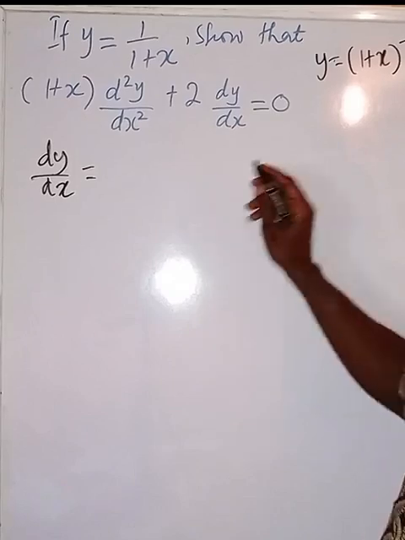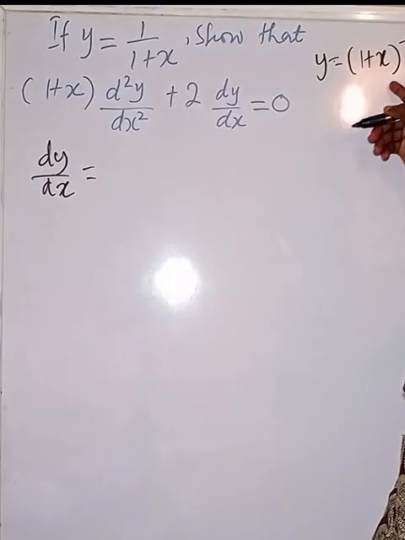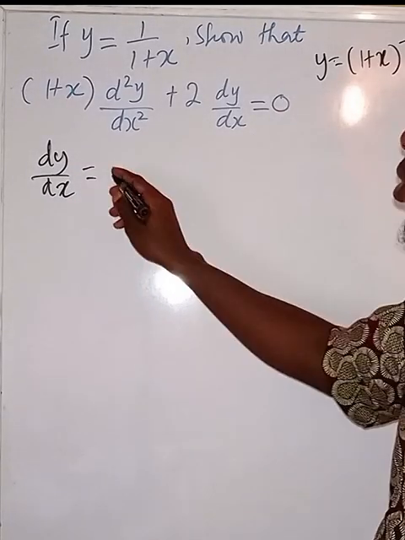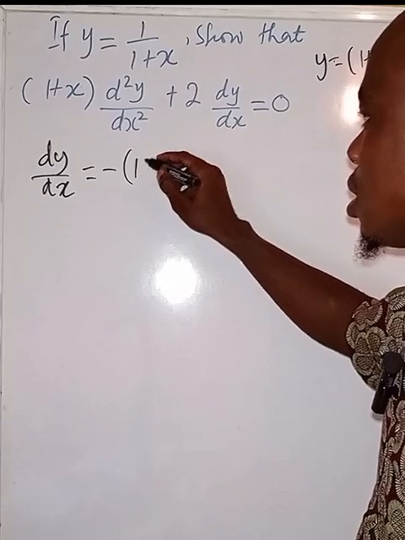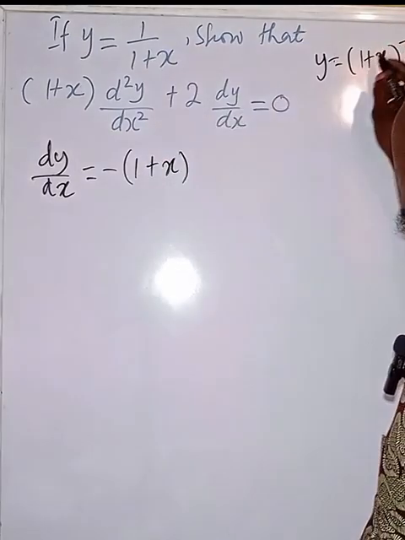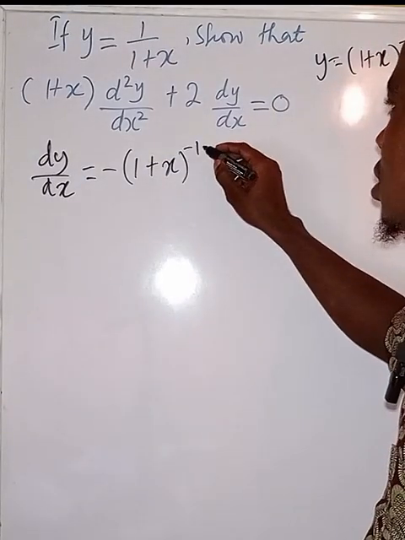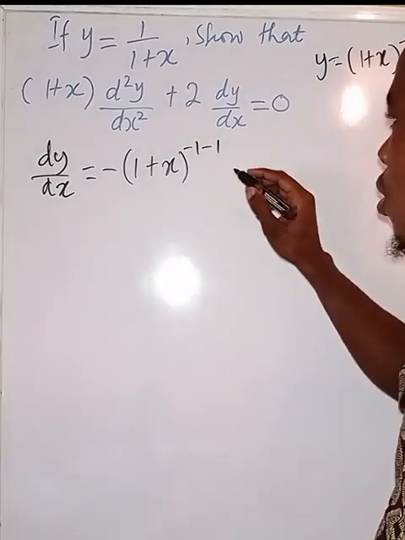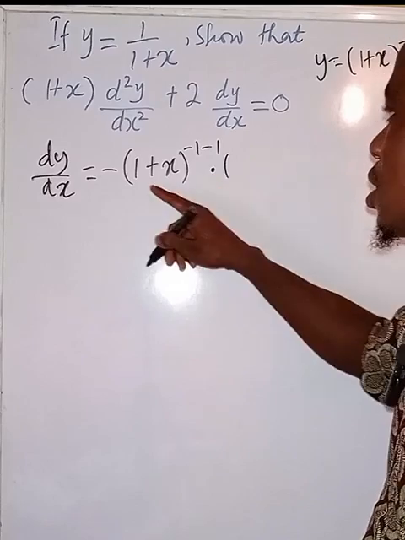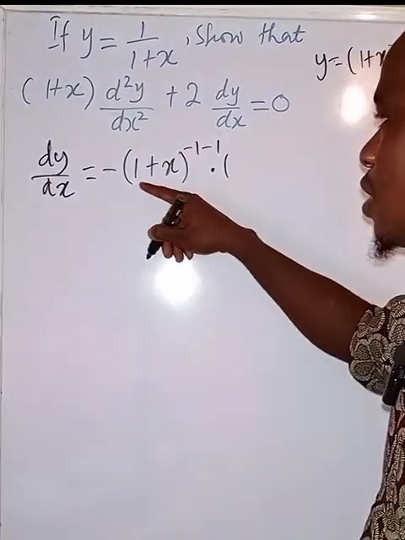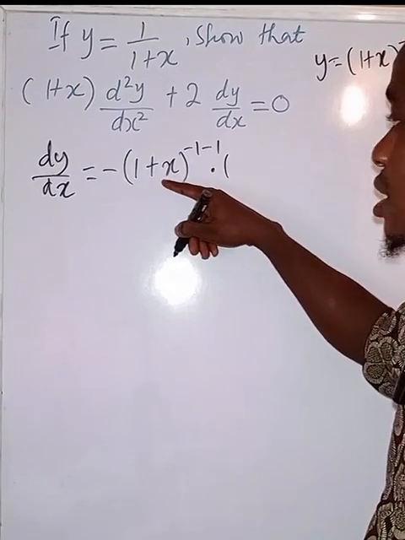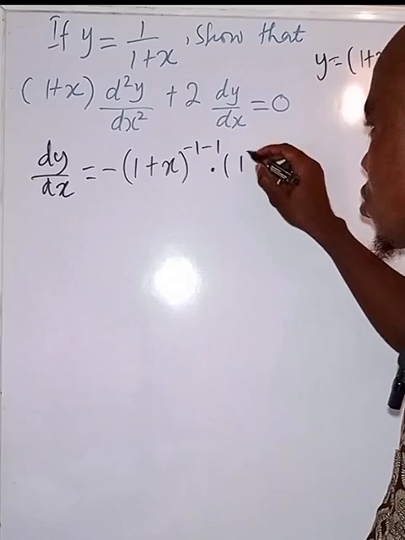So therefore, I'm going to be having dy dx. Taking the dy dx, this minus 1 will come down. You have minus 1 multiplying, repeat everything inside the parentheses, 1 plus x. Then we have minus 1, remove 1 from the one up there, then multiplying, differentiate x here. So differentiate with respect to x, this inside the parenthesis, that's going to give us 1.